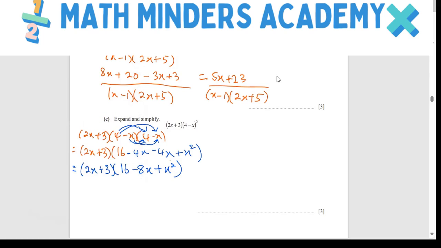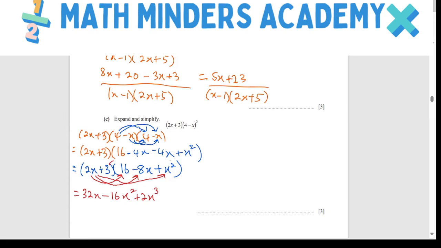So here, I'm going to use this 2x to multiply 16, and that will give me 32x. I'm going to use this 2x to multiply minus 8x. That is going to give me minus 16x squared. I'm also going to use it again to multiply x squared, and that is going to give us plus 2x cubed.